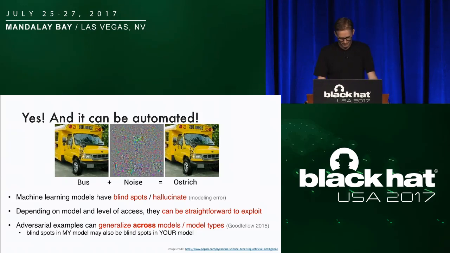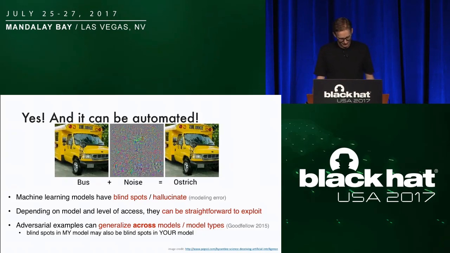The takeaway here, for this specific attack and other attacks like it, is kind of threefold. The first is that all machine learning models have blind spots. They hallucinate. The second is that depending on the model and depending on the level of access that an adversary has to your model, those blind spots can actually be really convenient to exploit.